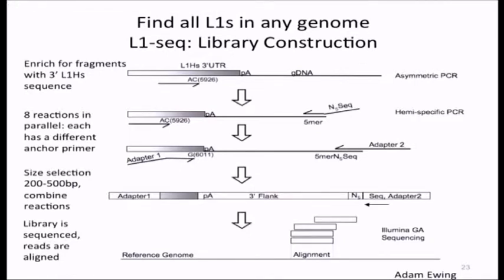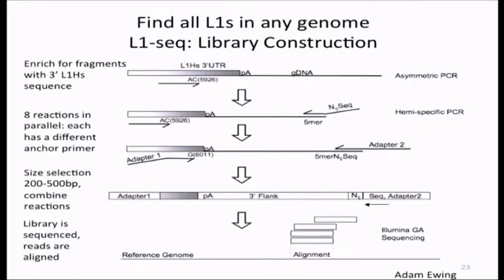He starts out with an asymmetric PCR using just the 1 primer, so he enriches for fragments with the 3' human-specific L1 sequence. Then he does 8 different reactions in parallel, each with a different anchor primer where there's a specific 5-mer at the 3' end of the primer, and then an N5 sequence and a sequencing primer.